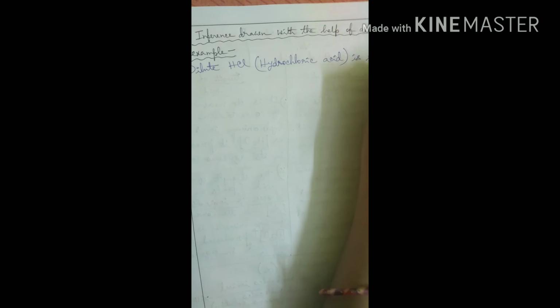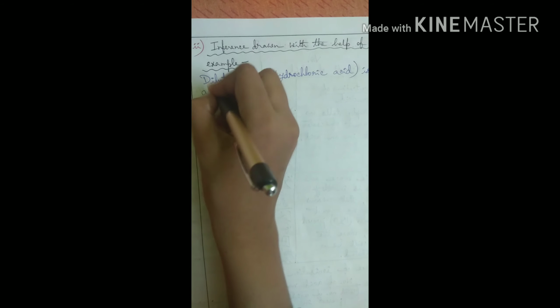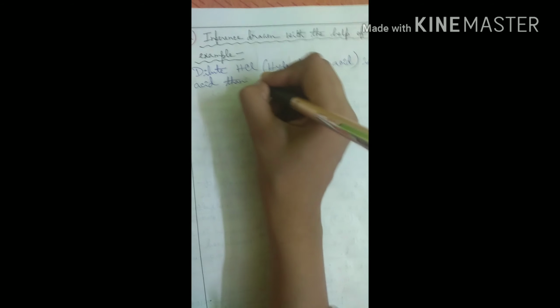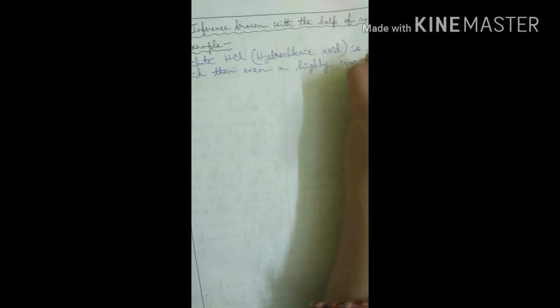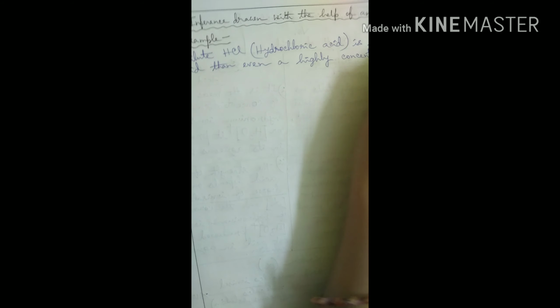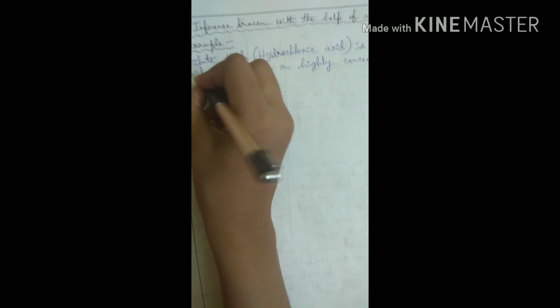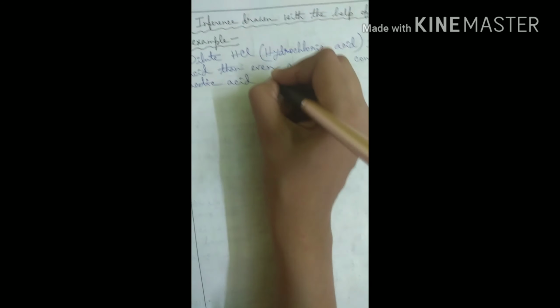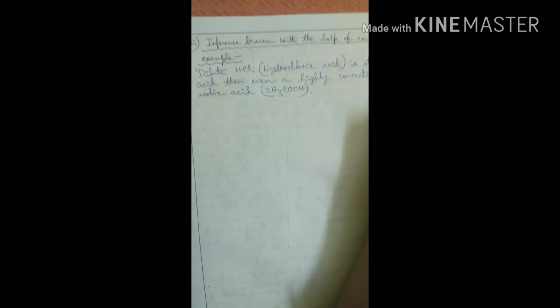It is a stronger acid than even a highly concentrated acetic acid, CH3COOH. CH3COOH, or acetic acid, is a weak acid, and hydrochloric acid, or HCl, is a strong acid.